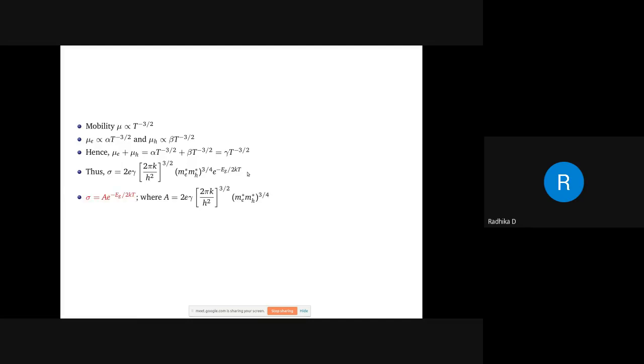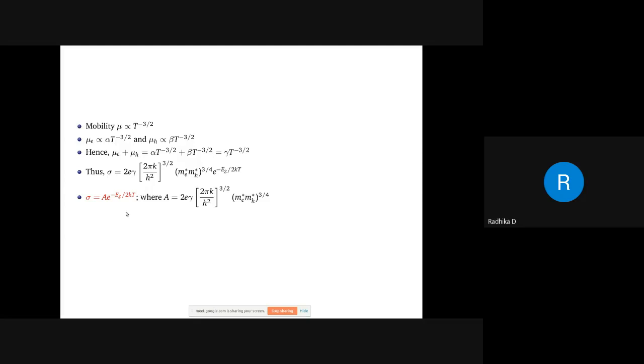So I can rewrite this entire constant stuff, 2E gamma, 2 pi k by h square raised to 3 by 2 and m star raised to 3 by 4, as a single letter, capital A, because this is constant. So I write it as a constant A into e to the power of minus Eg by 2 kT. That is the expression for conductivity or sigma in an intrinsic semiconductor.